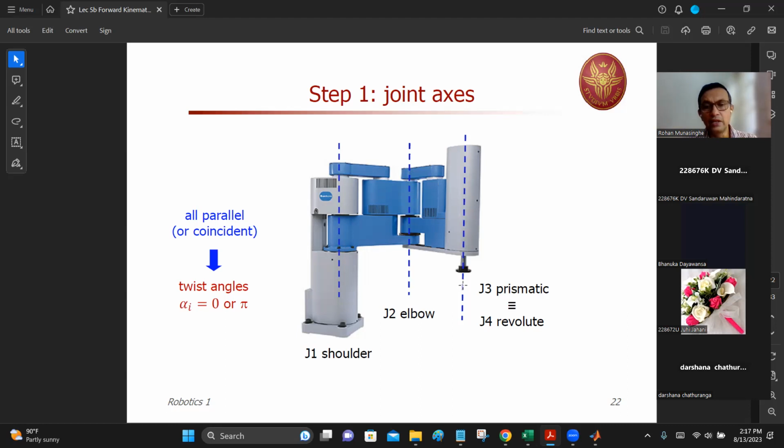And at the end, it rotates, and it's the same axis. So this translation and rotation are both along and around the same axis. That is why you see J3 and J4 on the same axis. One is prismatic, the other one is revolute.